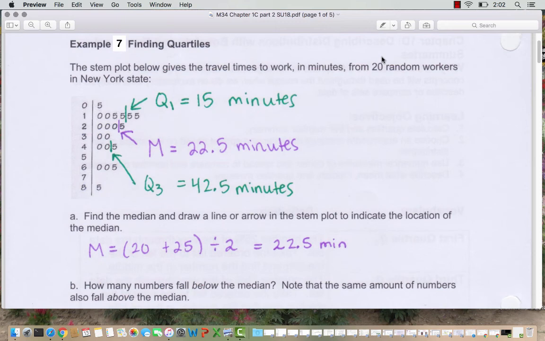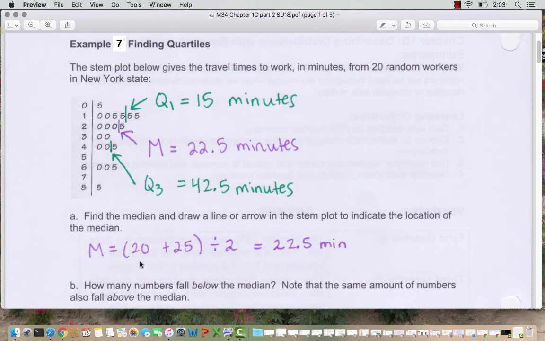Since the midpoint is in the middle, we think about the median as a fence breaking the data set in half. You should always have the same amount of data points below the median as above it. Since the median is a fence between the times 20 and 25 minutes, we take an average.